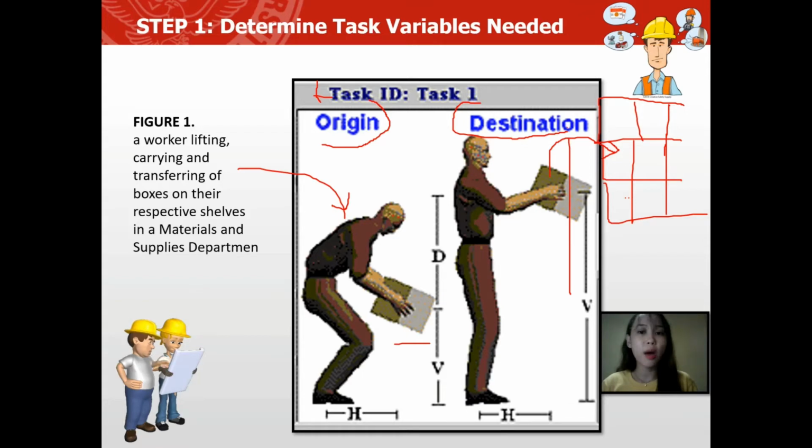The boxes, however, are of less than optimal design because they are without handles or cutouts. So we consider that the coupling of this lifting task is categorized only as fair. Let's see later on how we are going to assess this task.